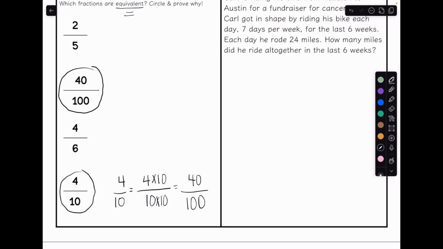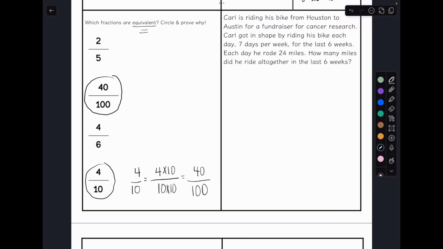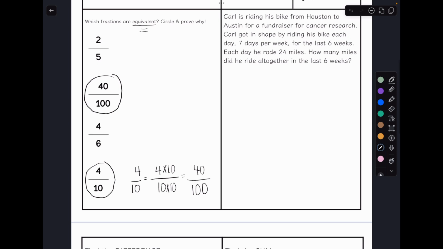And then I'm going to make sure when I look at 4/6, do I have a relationship anywhere? I do with 4/6 and 4/10, but I know that those can't be equal because my denominators are different, but my numerators are the same.